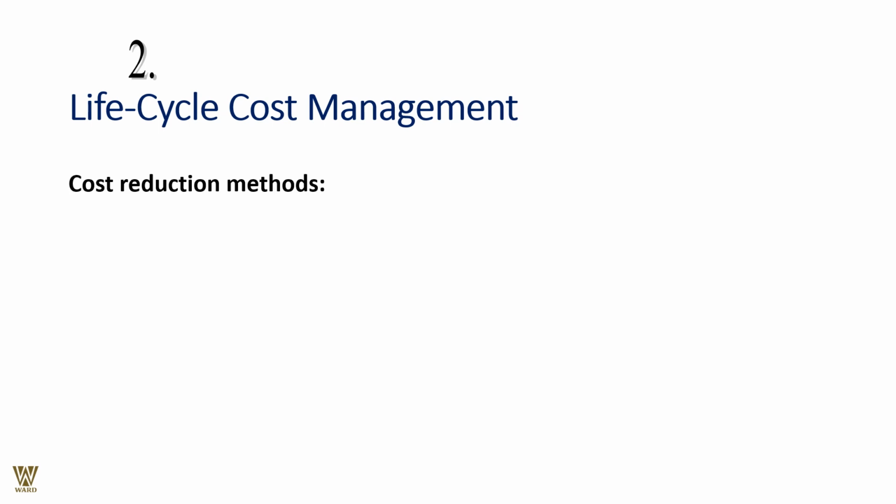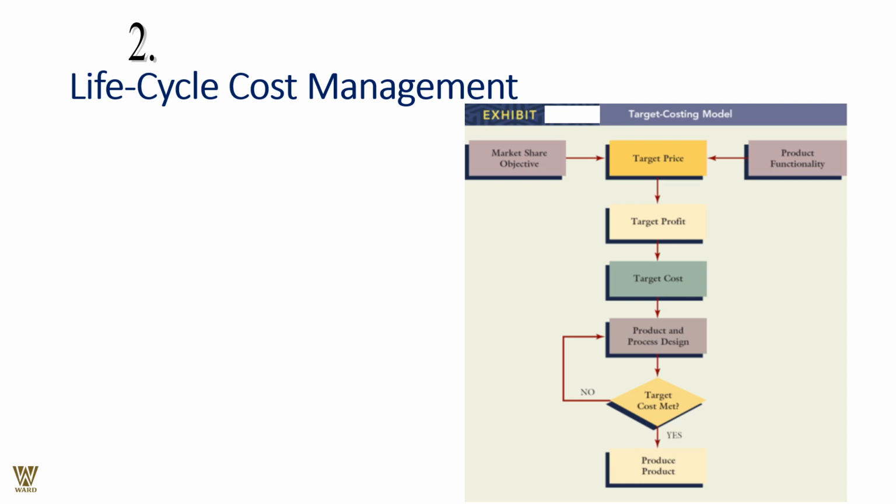Now the cost reduction method, the crux of this presentation, is all about reverse engineering, value chain analysis or value analysis, process improvement, or quality improvement. What we have to have is a target price. This is the target price.